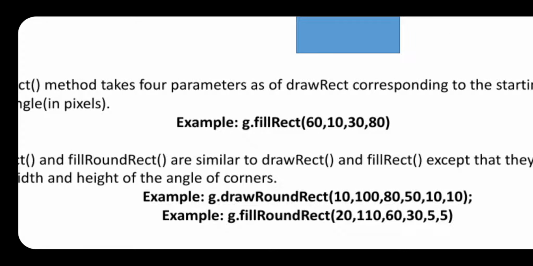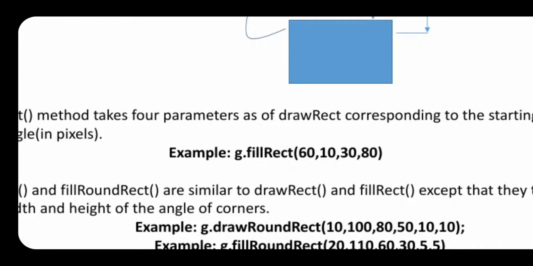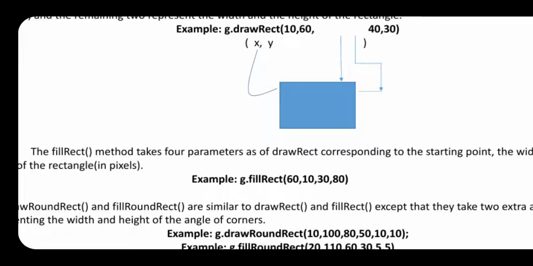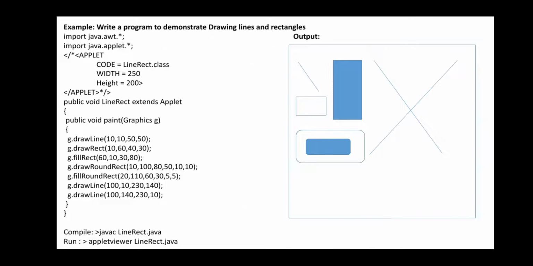One is set as x, y, width, height, and these two should be the same, because all four sides make a curved object. So you define this with the rounded rectangle as well as the filled rounded rectangle.